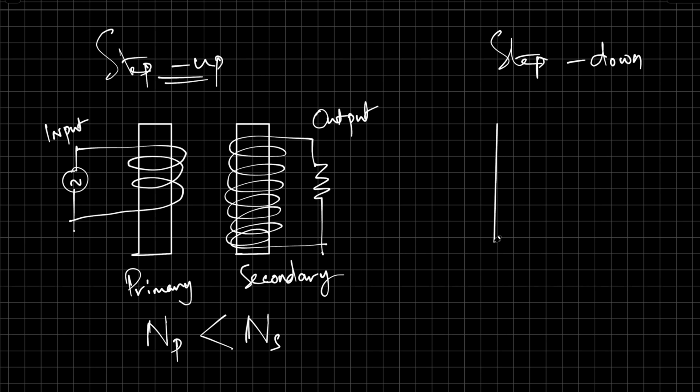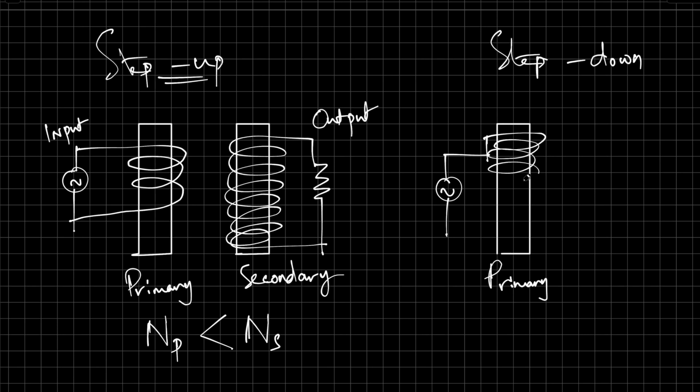Again, we have two coils. This is the primary coil. We supply input to the primary coil, and we take output from the secondary coil.